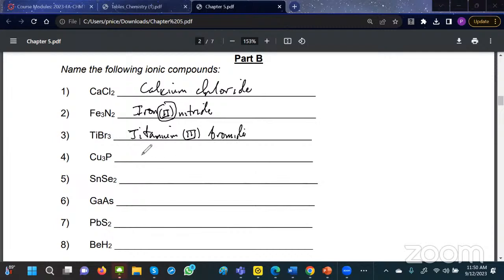What's the name of the fourth one? Copper what? Copper(I) phosphide. All right. What about the fifth one?